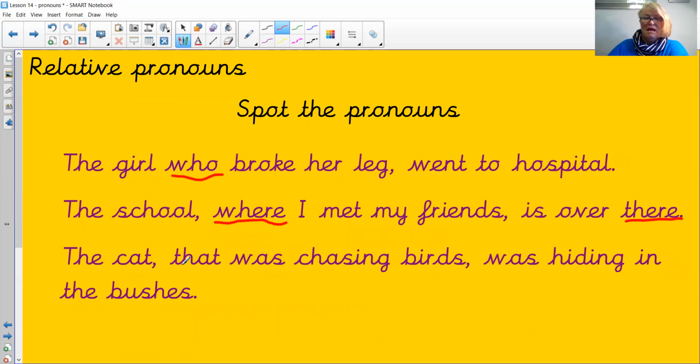The cat that was chasing birds was hiding in the bushes. Okay, you happy with that? I think actually the relative pronouns for me is probably more difficult to understand and identify. Don't be afraid to go over this again.